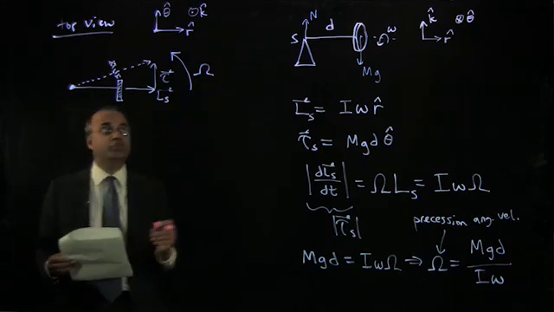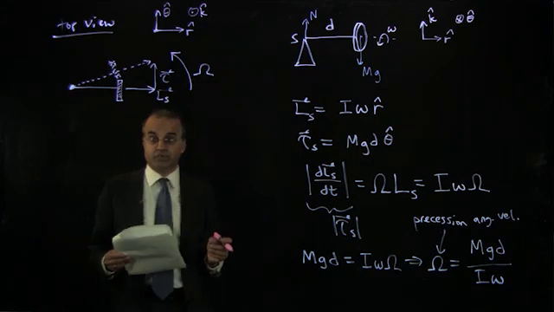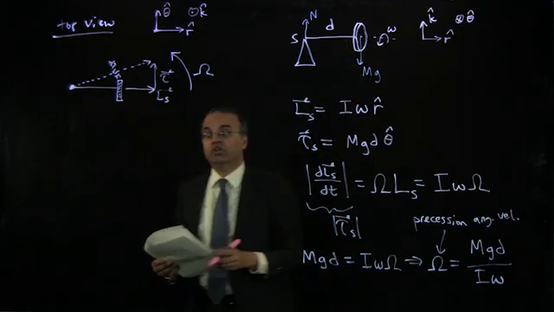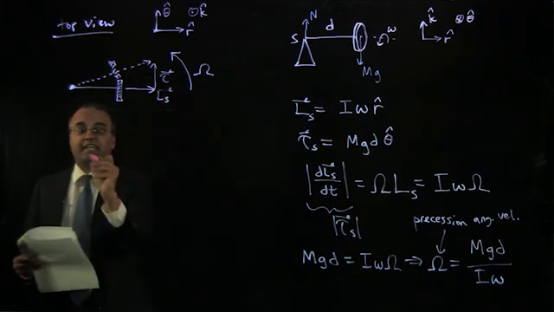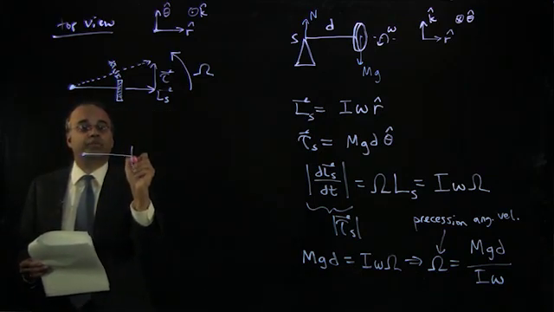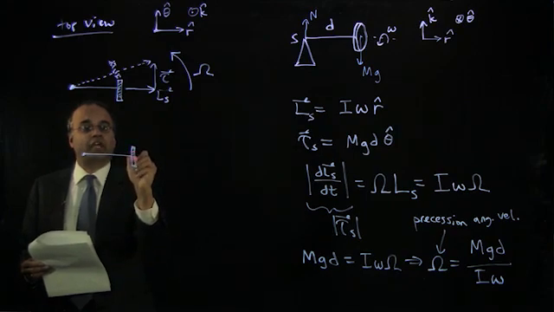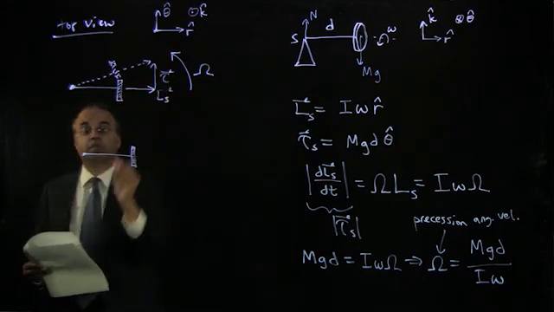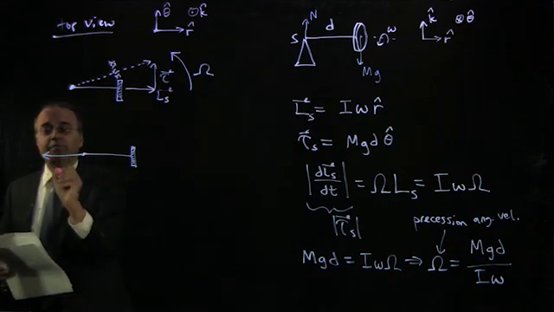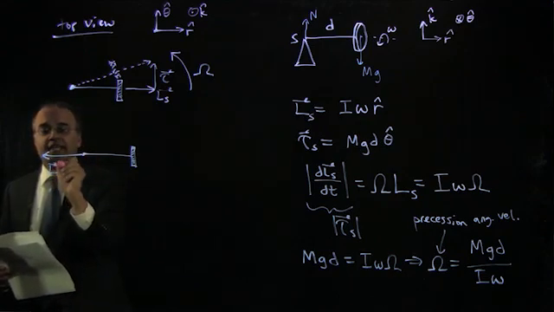Alternatively, suppose the wheel were spinning in the other direction. So the sense of rotation of this wheel around the axle were in the opposite direction. In that case, even when the wheel was on this side of the pivot, again, this is a top view, the angular momentum vector would be pointing in the opposite direction. So now this is my angular momentum vector.